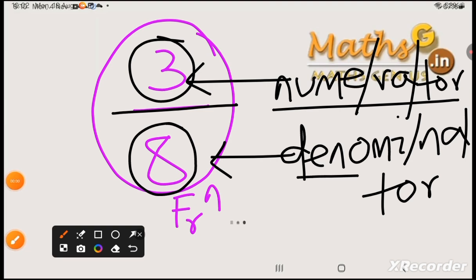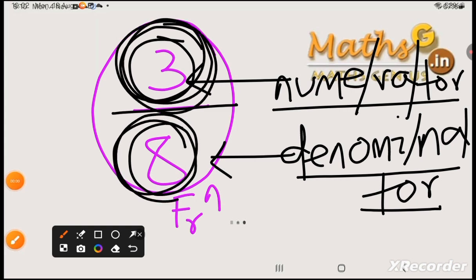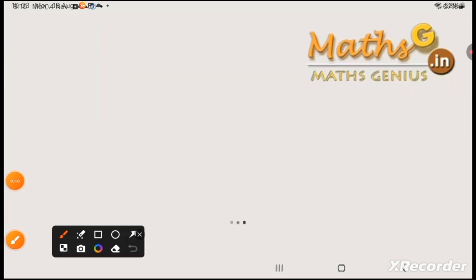Numerator, denominator. Mathematically we can write n and d. So whenever we are talking of a fraction, it consists of the numerator and the denominator.